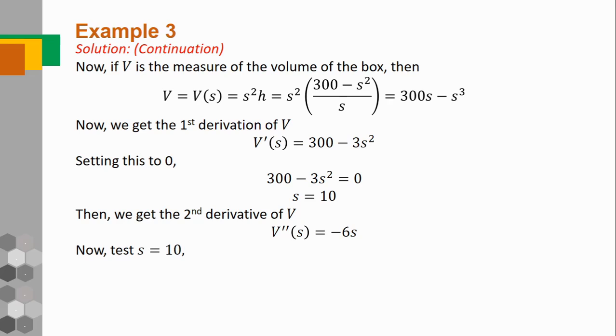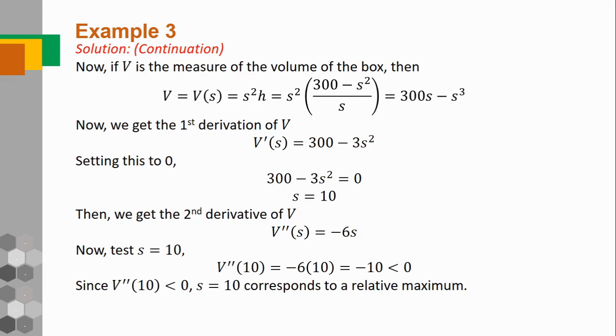Now test S equals 10. That's V double prime of 10 equals negative 6 times 10 equals negative 60, and that's clearly less than 0. So since V double prime of 10 is less than 0, S equals 10 corresponds to a relative maximum.